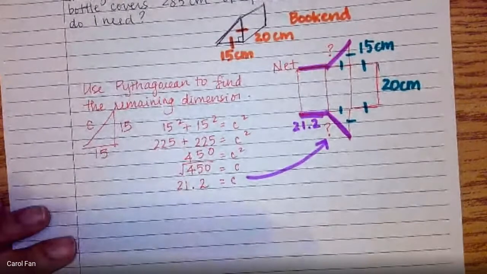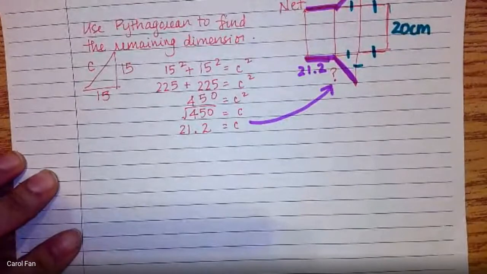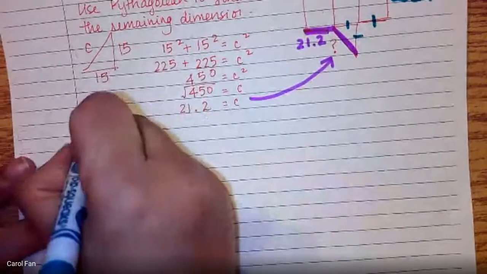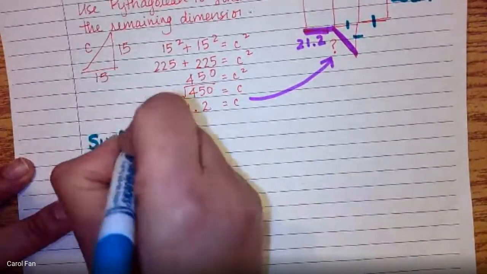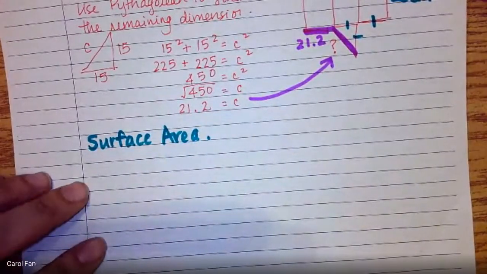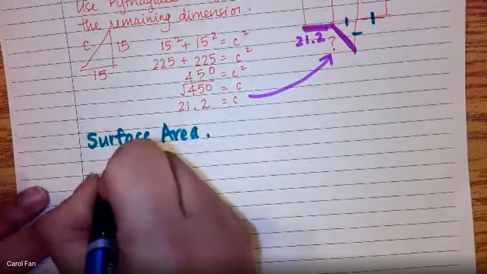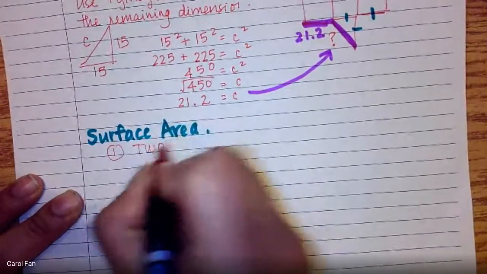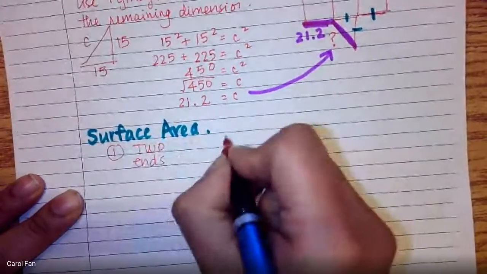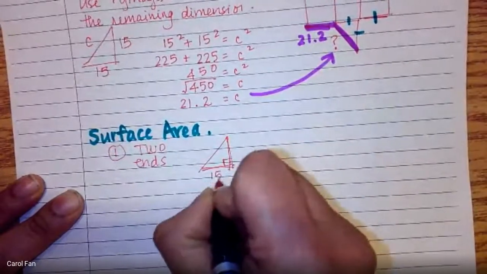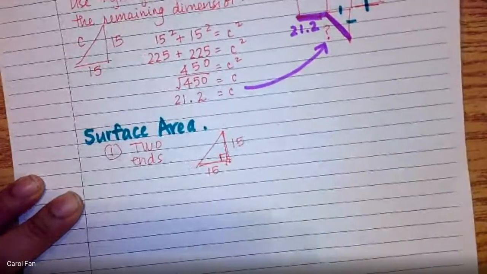So let's take a look at all the pieces of my net. So surface area. We have the first part, we have two ends. And our ends are 15 by 15.